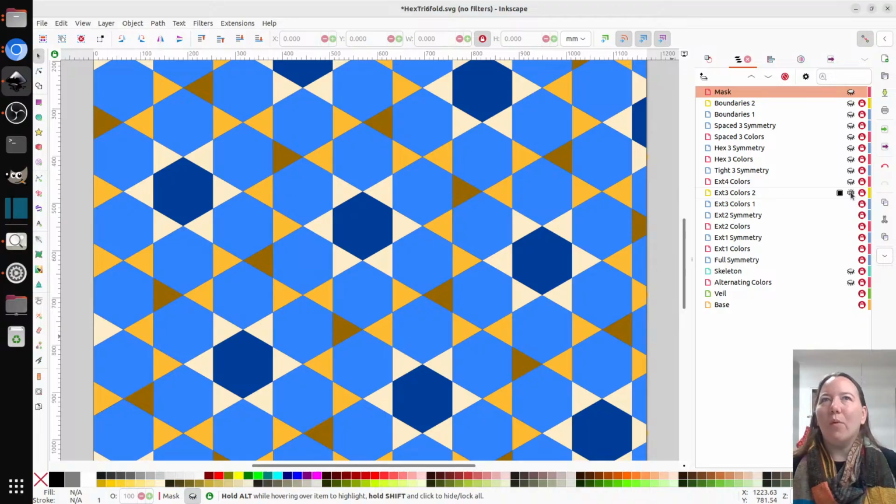And that's an important feature when you're designing, because you can take that chunk and it has 3 pleats coming out of each edge. So we have this dark blue hexagon and the light blue hexagons and these gold triangles.